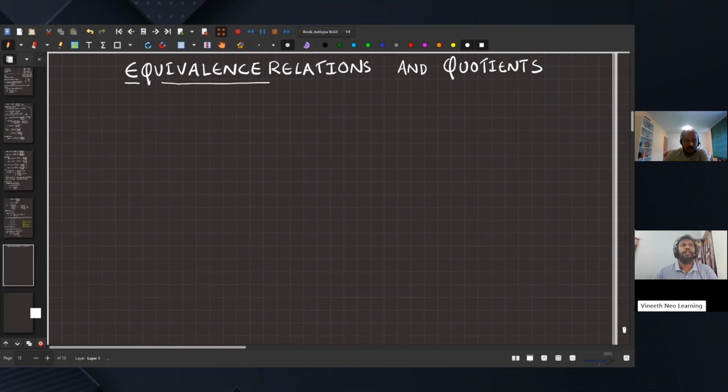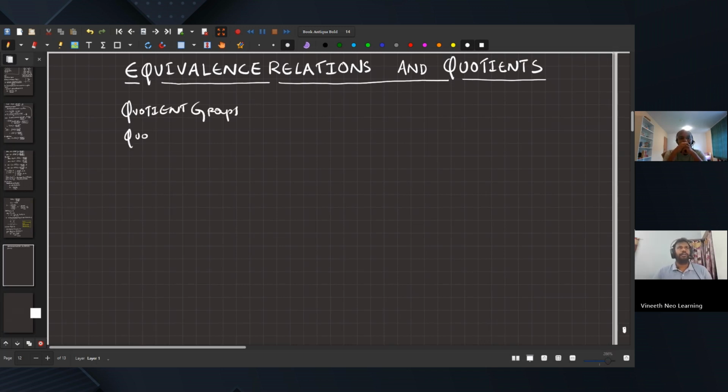Maybe below kindergarten. It is that basic, but it is used across various fields of mathematics, especially quotients. The idea of a quotient is one of the most important concepts in mathematics. Quotients appear in almost every branch of algebra and geometry, like quotient groups, or quotient spaces in linear algebra.